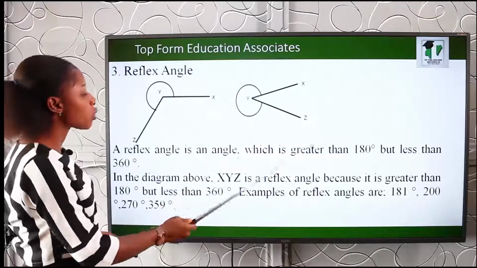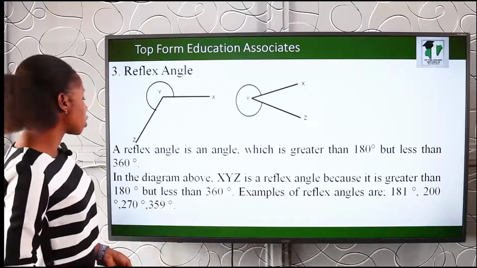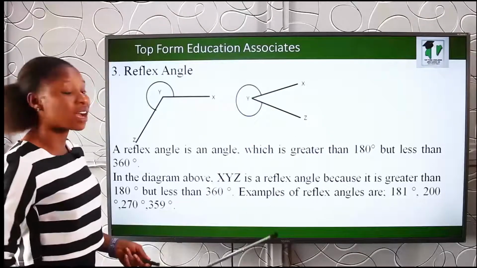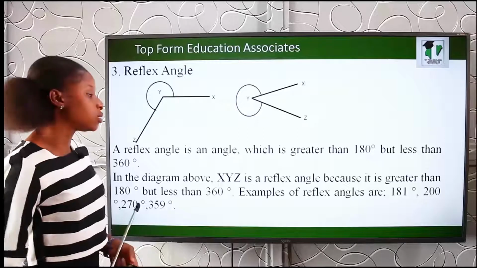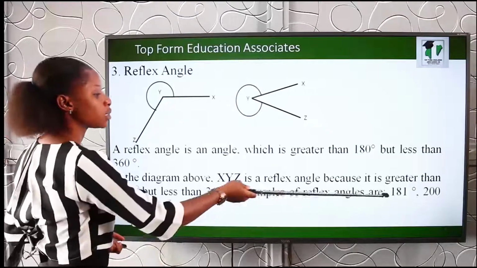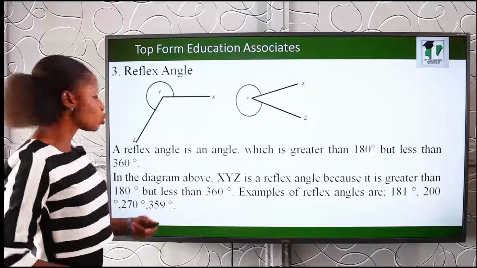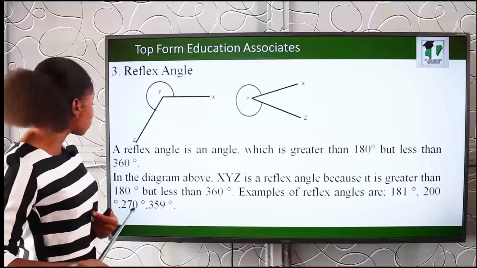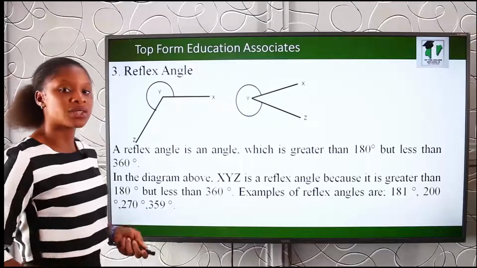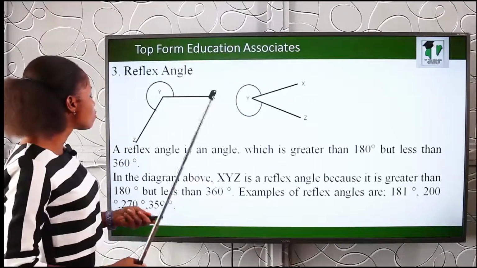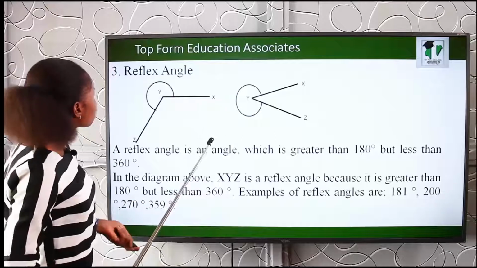They are all reflex angles because they are not up to 360 degrees, but they are greater than 180 degrees. Examples are stated below: 181 degrees, 200 degrees, 270 degrees, 359 degrees are all examples of reflex angles.